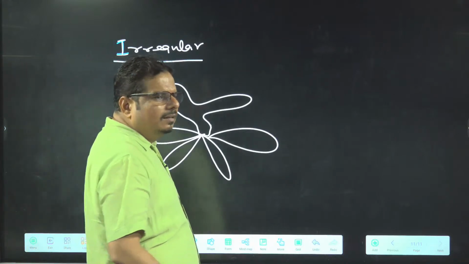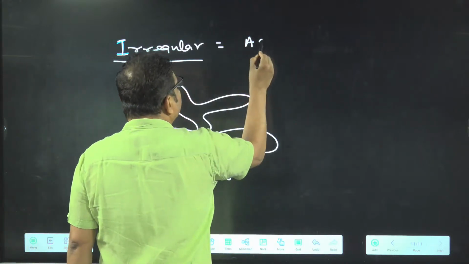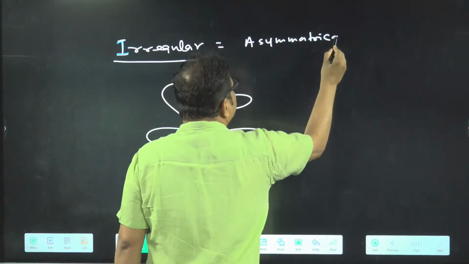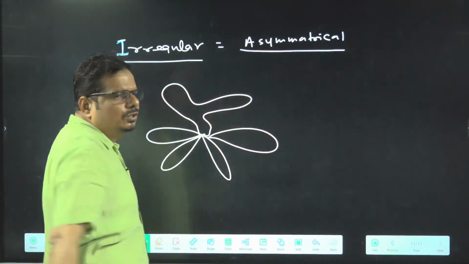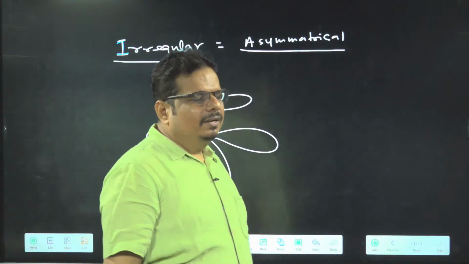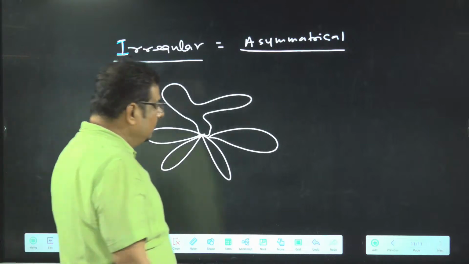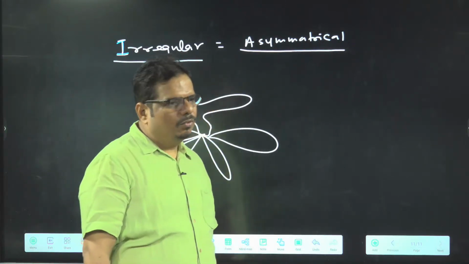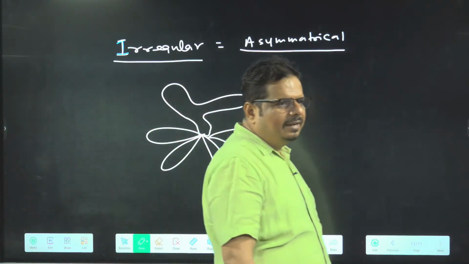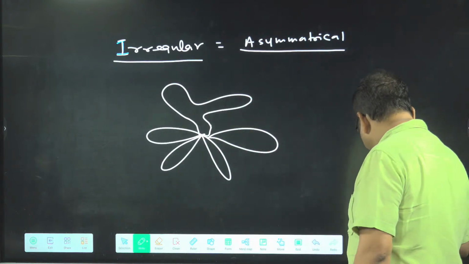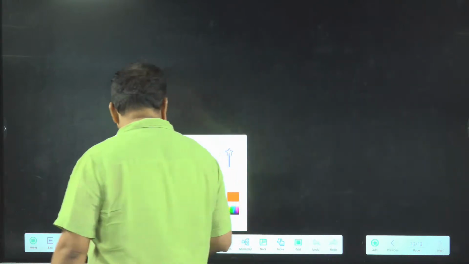Not even one. So it is which one? Asymmetrical flower. So symmetry is over. Now we are going to deal with the classification of flowers based on the position of ovary. Is it clear? Right? Okay. An example that comes under this category is canna.